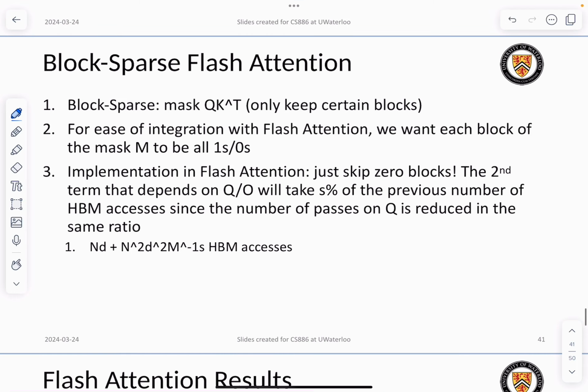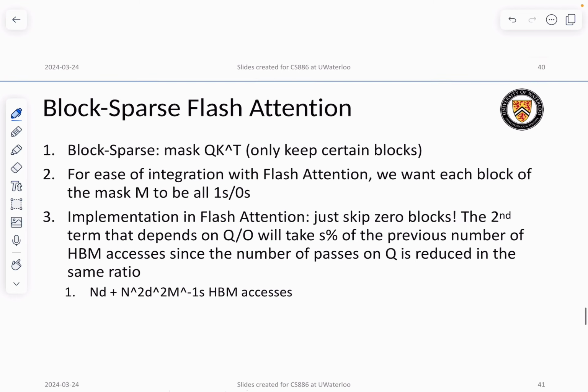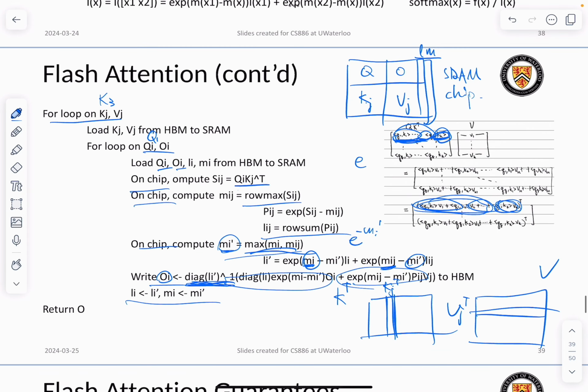And the next thing is block sparse flash attention. It's basically an addition to this. So in block sparse attention, in this matrix here, we say, oh, for these we only care about, for example, the center ones, and for these we don't really care about them because they're too far apart.